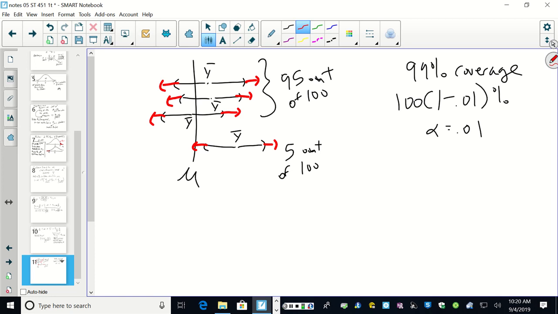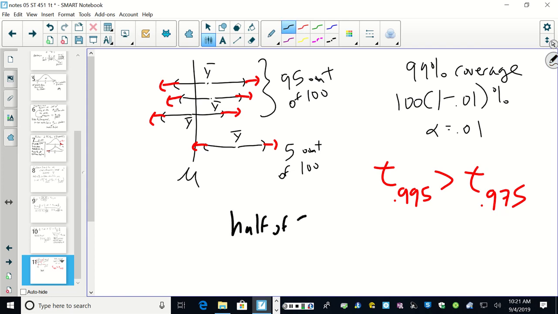Where exactly does that change get done? Well, the t.995 value is greater than the t.975 value. Right? So this is right. So half of 5% is the 2.5%, and then 1 minus 0.025 is the 0.975 cutoff.